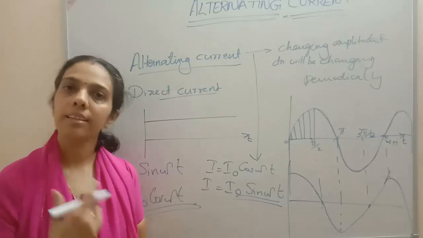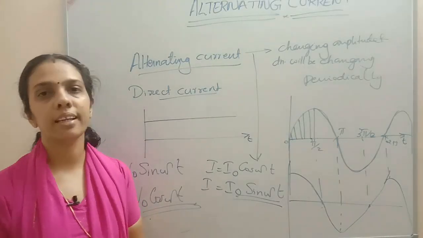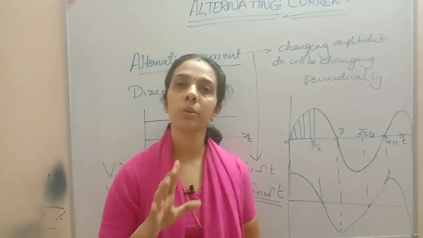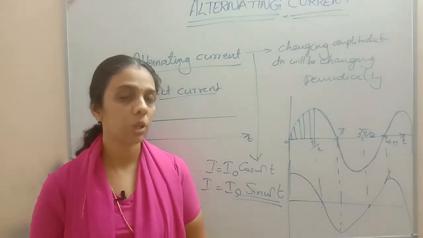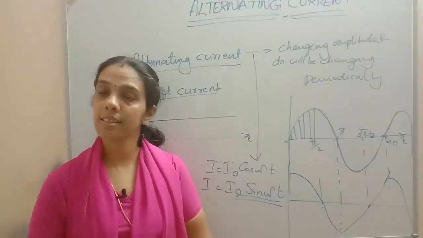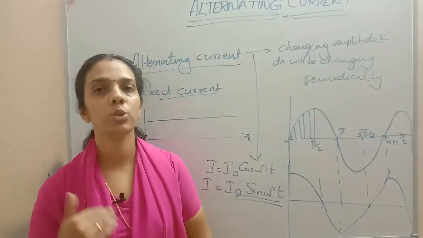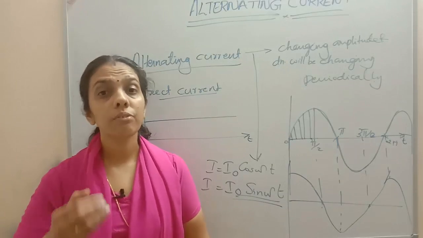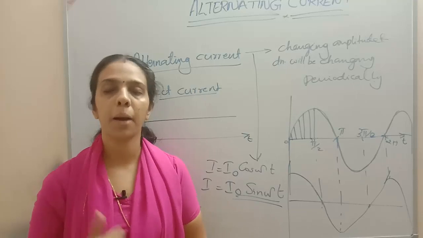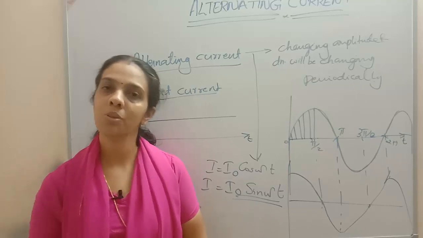In the case of alternating current, in this chapter we are learning what will happen to the alternating current if resistance is included in the circuit, if a capacitor is connected to the circuit, and if an inductor is connected to the circuit. All that we are going to study now.